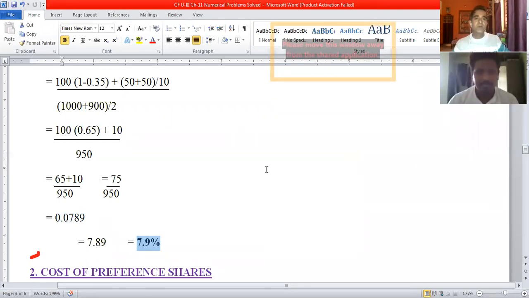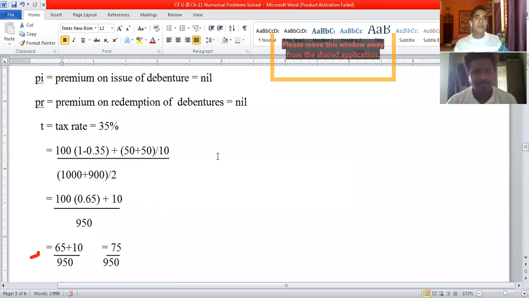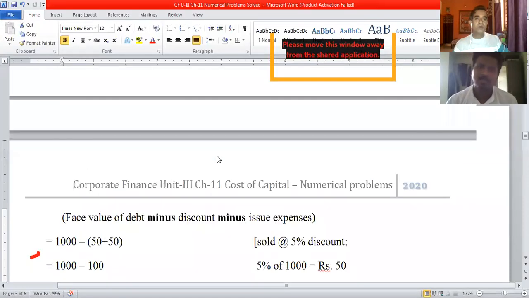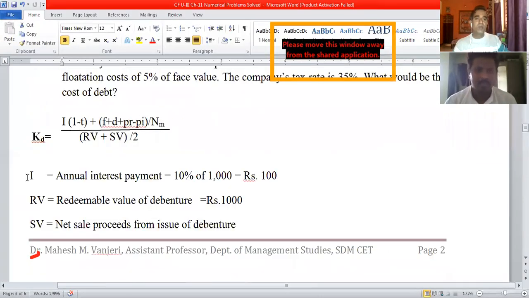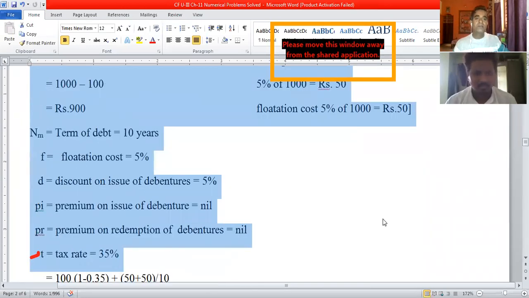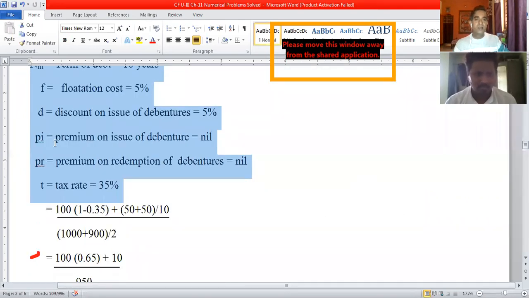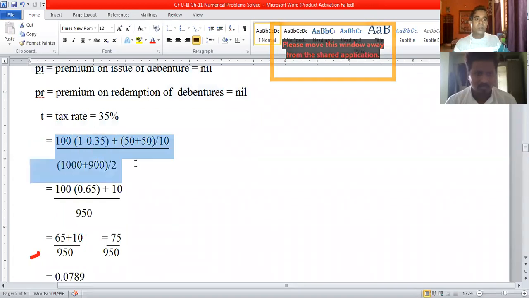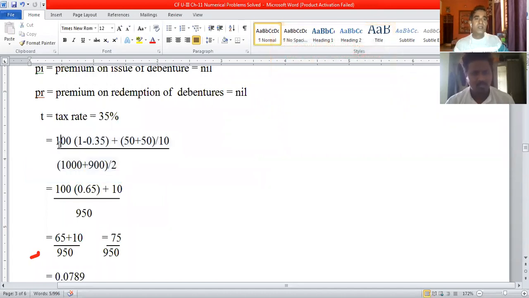So the equation is simple. The only thing is that a lot of data is there which you need to find out properly. If you identify the data properly and prepare that list, then you have to incorporate the data into the equation. And further, I have seen in previous years some students make mistakes in simplifying this.